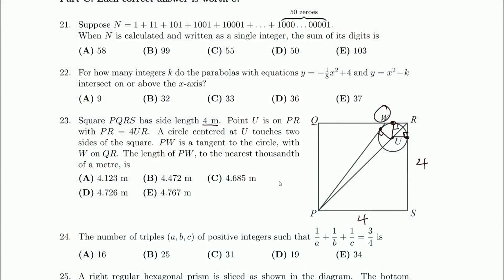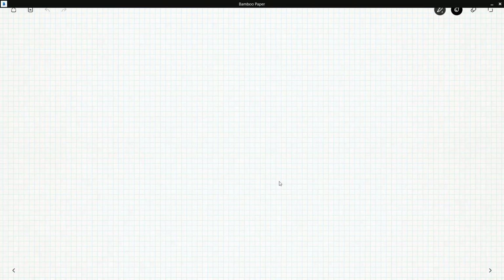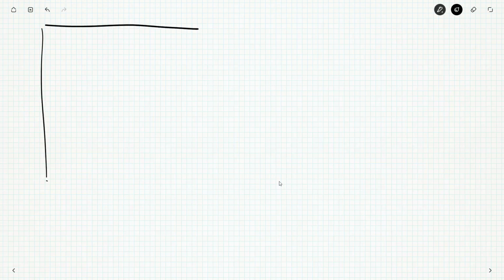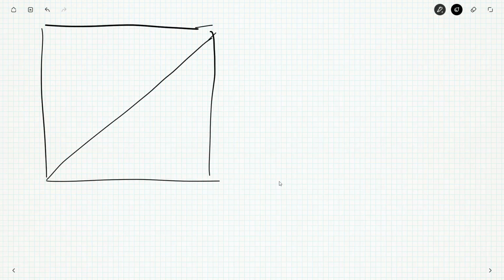Well, we've got a picture, and we've added to our picture. Let's see what we can see. We'll draw a bigger one that we can scuff up. So it's a square. I like that. So U is somewhere around here. Drawing the circle.